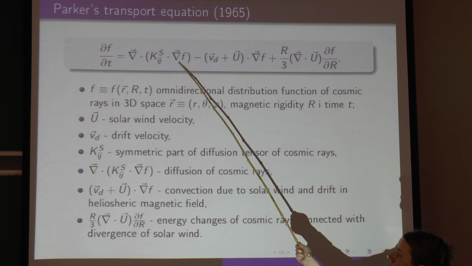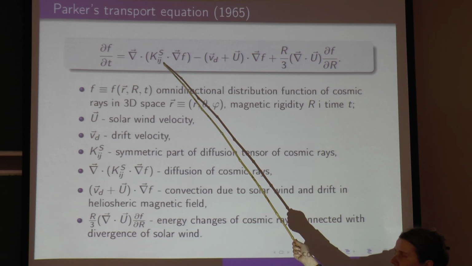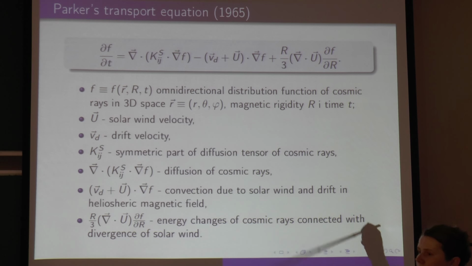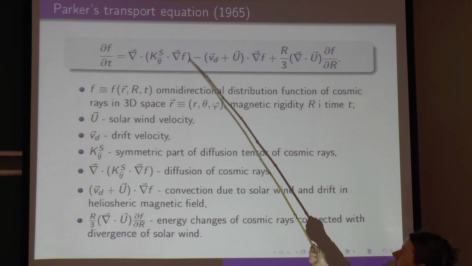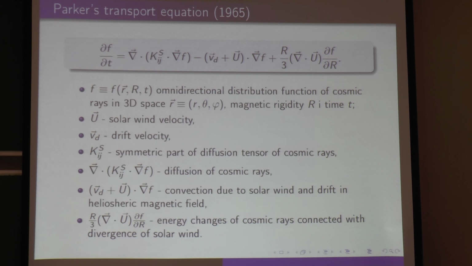This is the tensor product. So in other words, the gradient has these additional indices. I would put j and i under this gradient. This is the derivative in the j direction, and this is the derivative in the i direction. This is in the spherical coordinate system, r, theta, phi.